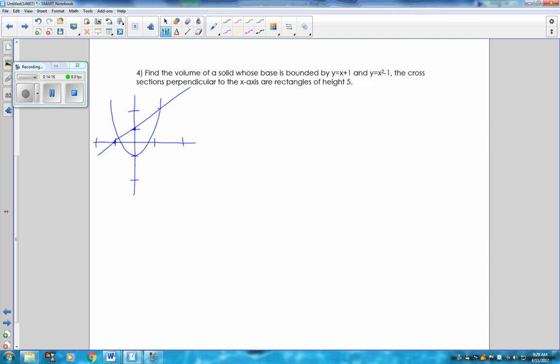All right, everything needs to be in terms of x, and it is. And what are my cross sections? Rectangles. All right, so your rectangles are going to look like that.